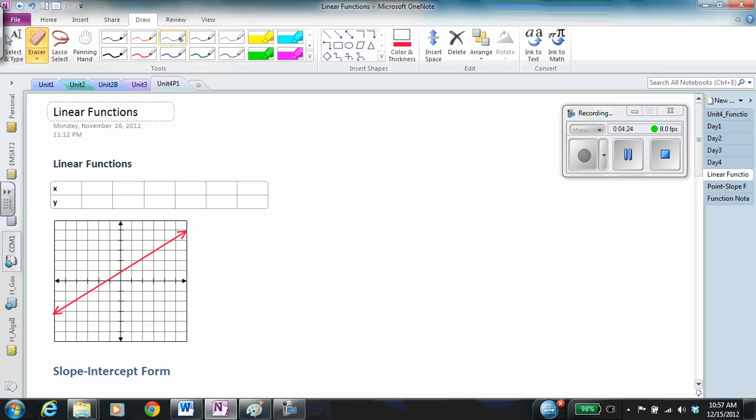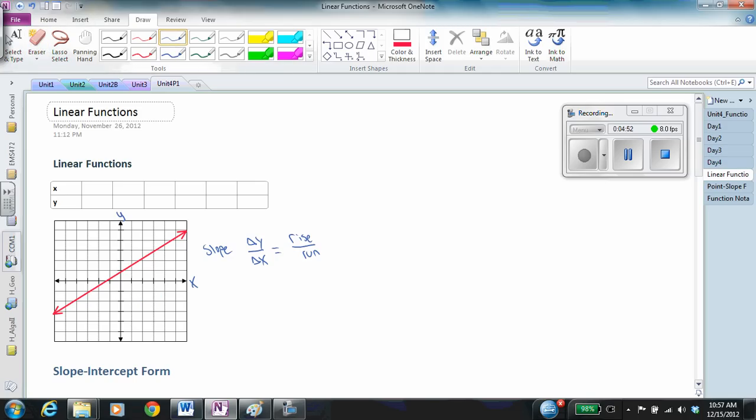So if we've got a linear function on a graph, change in y over change in x, the slope can be found using something called rise over run. Because this axis is the y-axis, and this is the x-axis. As the y-axis changes, that's rise. And as the x-axis changes, that's run. So change in y over change in x is rise over run.